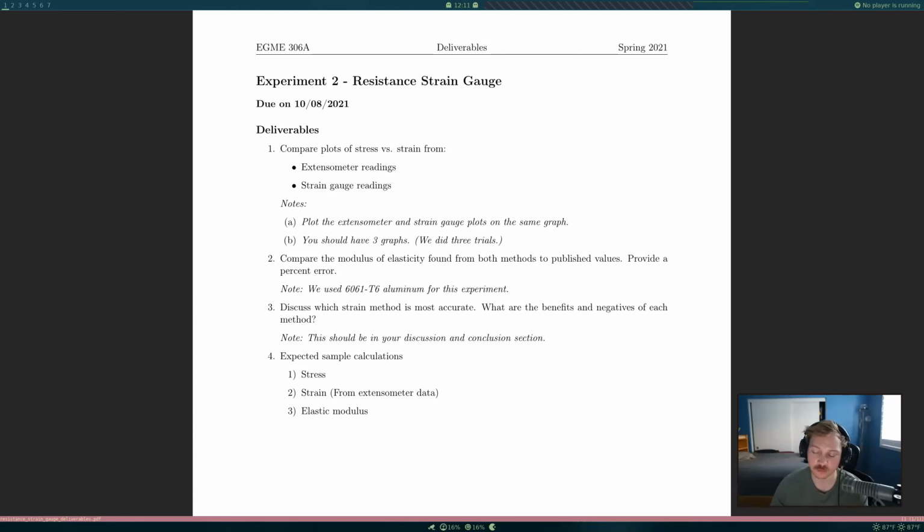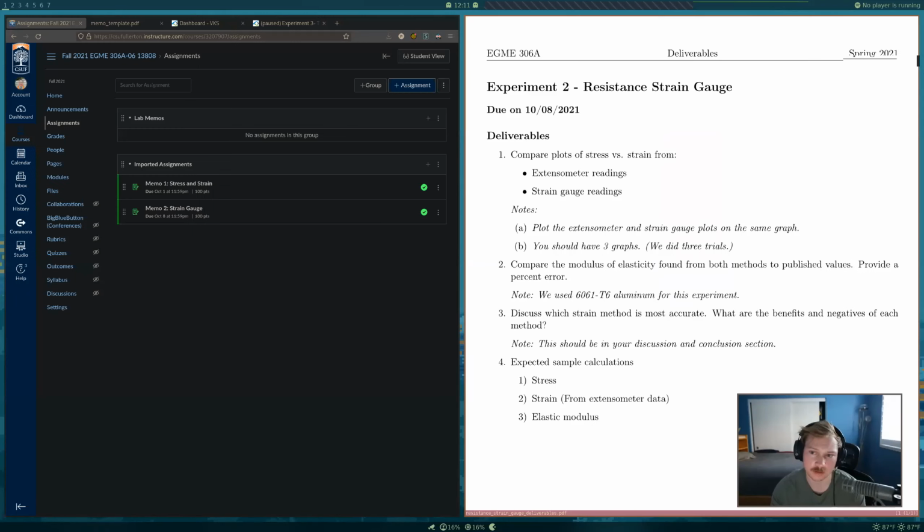In practice, even though one might be more accurate than the other, you might prefer to use one over the other if they're both acceptable. It depends on your application, of course. And then the expected sample calculations: stress, strain, and the elastic modulus.